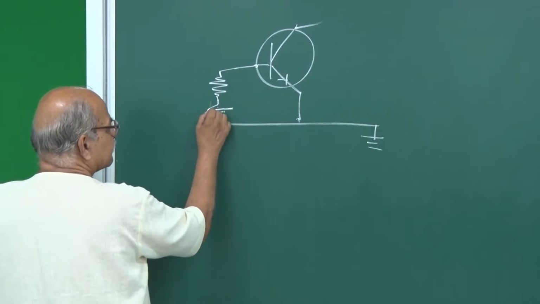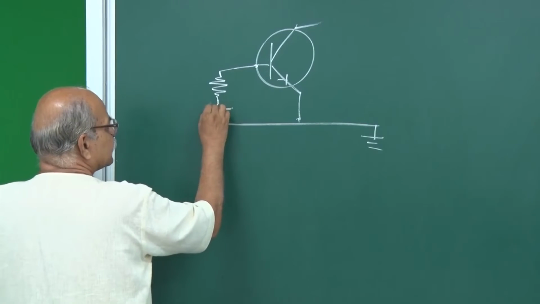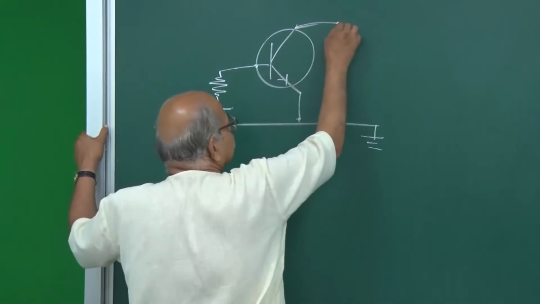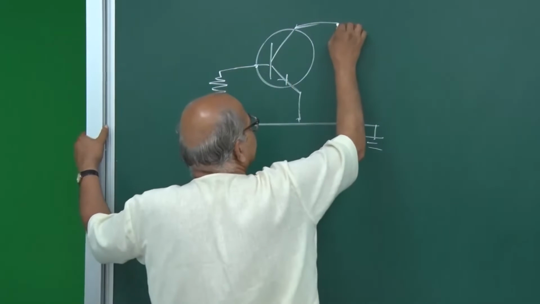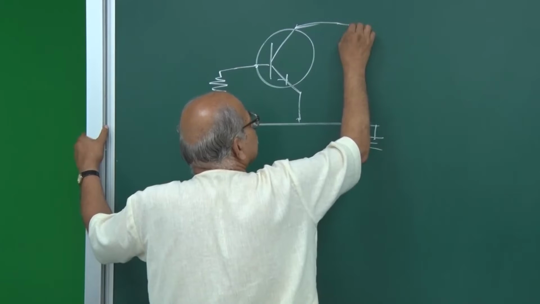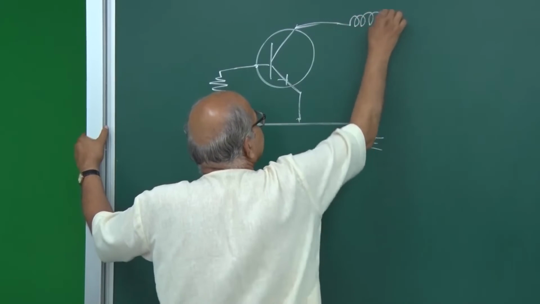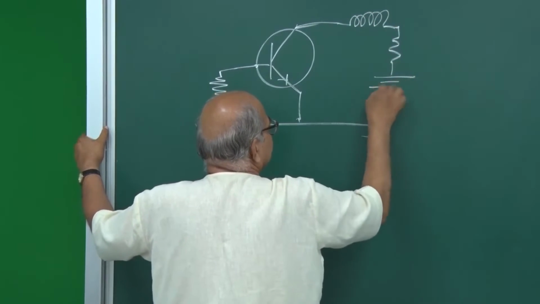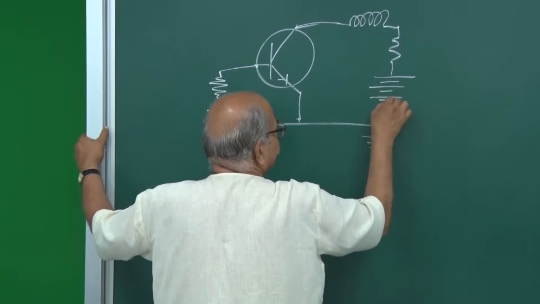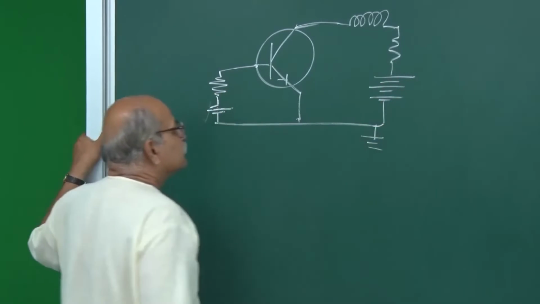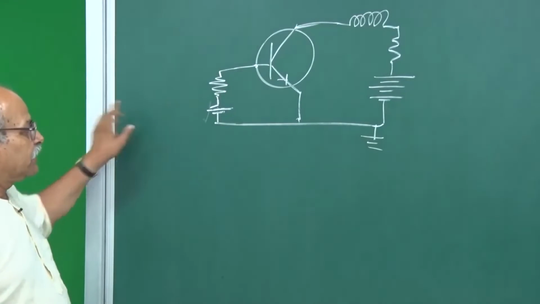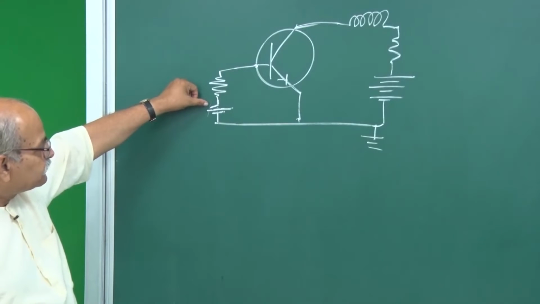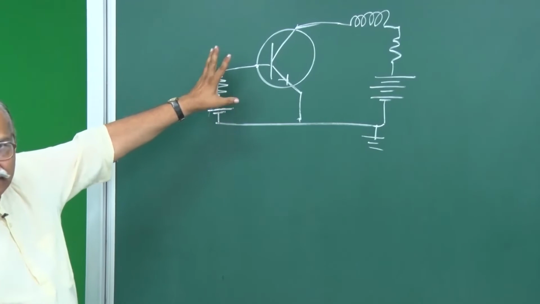This is the battery, the biasing battery, and then there is a switch out here. And on the collector side you have some load, maybe some kind of a lamp or something else. You can still have a resistance, and then you can have your biasing battery like this.